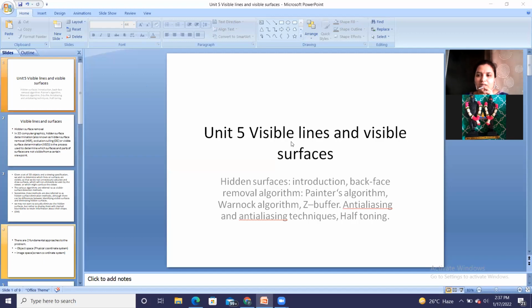Can you guess any utilization or application of finding out the visible lines and visible surfaces? Or can you elaborate what is visible lines?